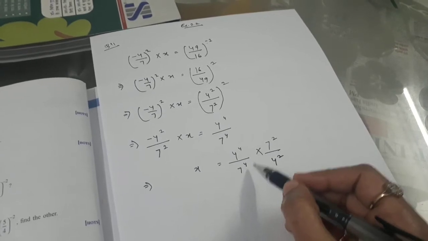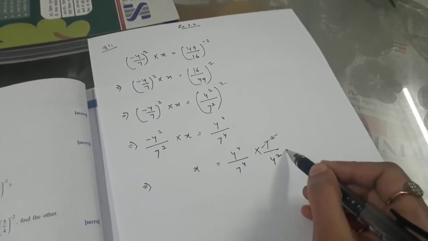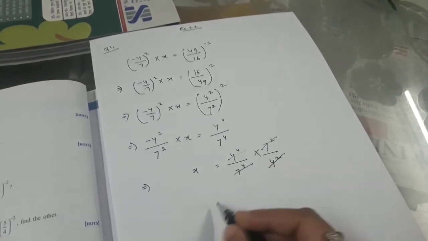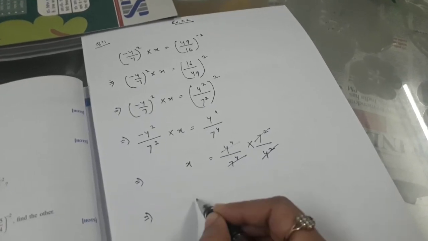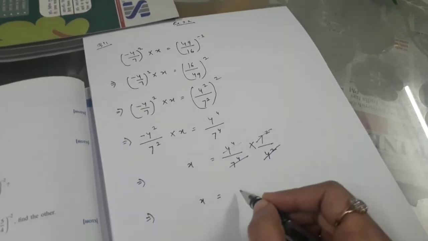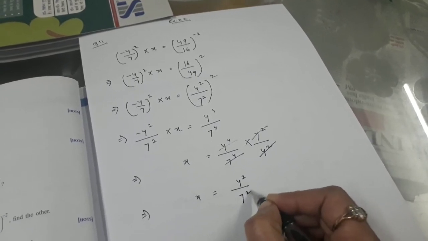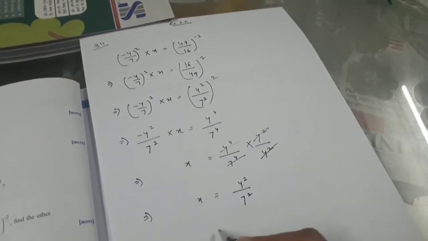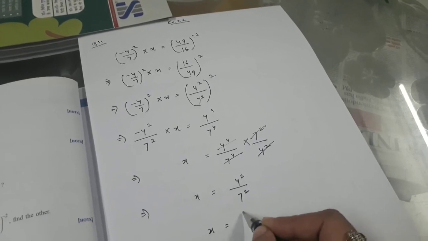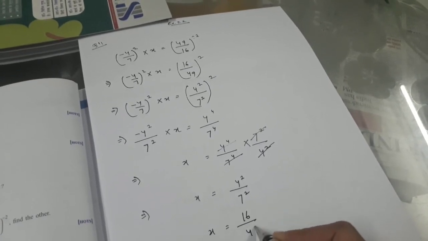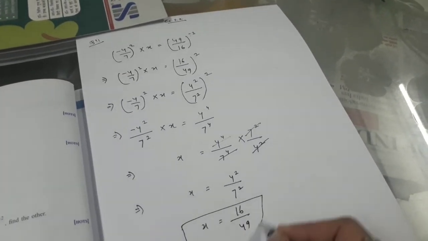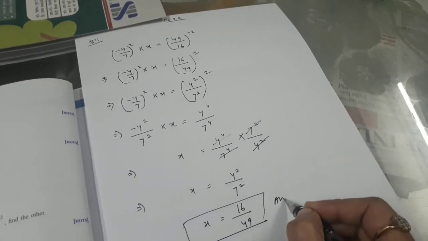So we can cancel this with this and with this. Next step would be x square equal to 4 square by 7 square, that is x equal to 16 by 49. That is our answer.